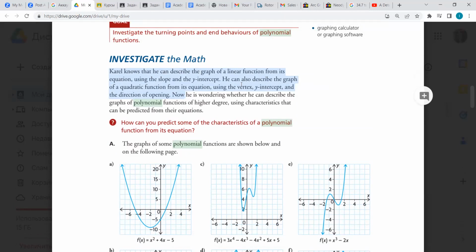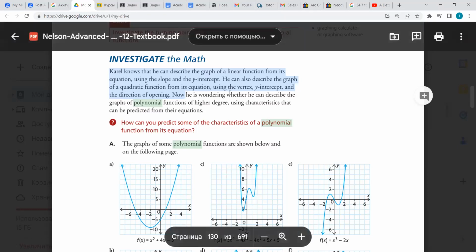And he can also describe the graph of a quadratic function from its equation using the vertex, the y-intercept, and the direction of opening, whether it opens up or down. But now he's wondering whether he can describe the graphs of polynomial functions of higher degrees using characteristics that he can predict from their equations.